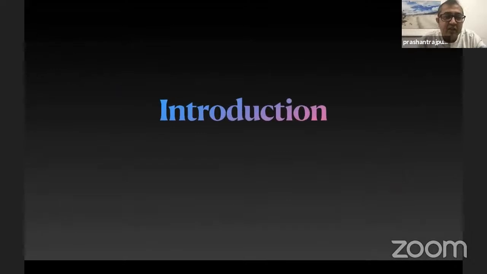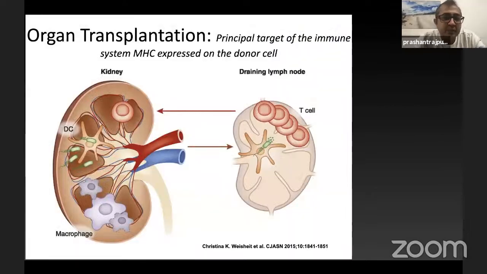We start with the introduction. We know that whenever we have a transplanted organ, the principal target of the immune system is the MHC, which is expressed on the donor cell, basically the donor endothelium. This donor endothelium, which has the MHC, the antigen, is processed by the antigen presenting cell, which is the dendritic cell and the macrophages.